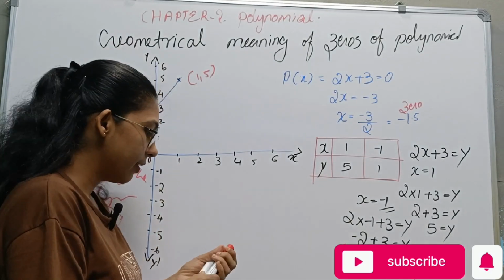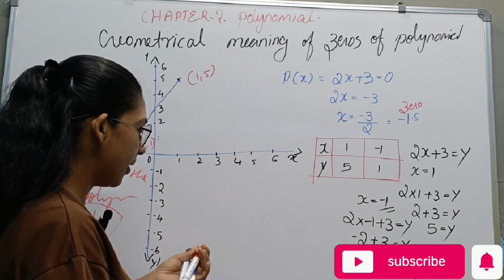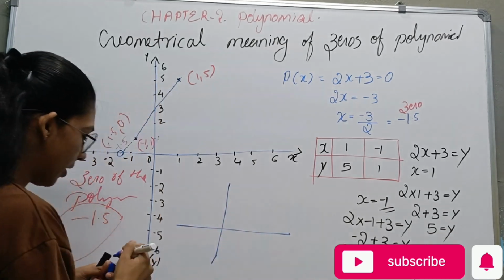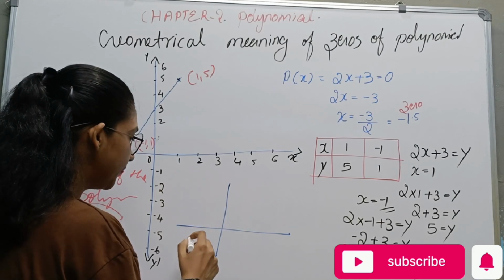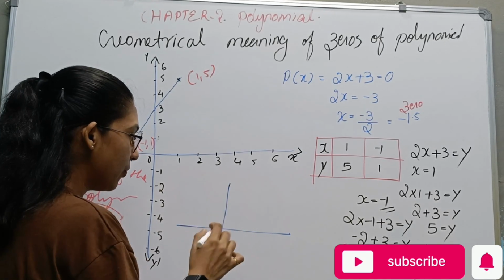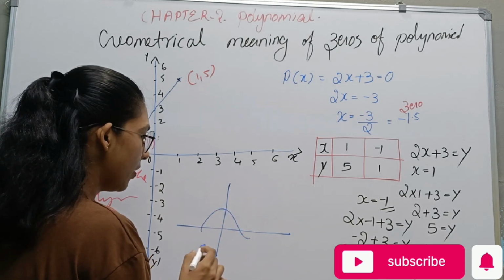Now my question is, if I am plotting another rough sketch like this, and there is another polynomial, and we get a line like this.